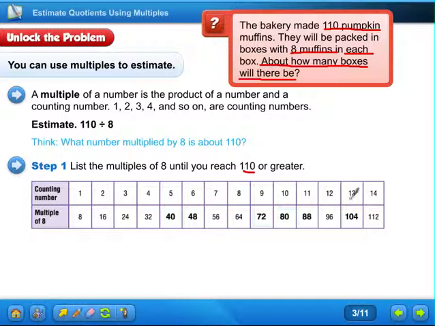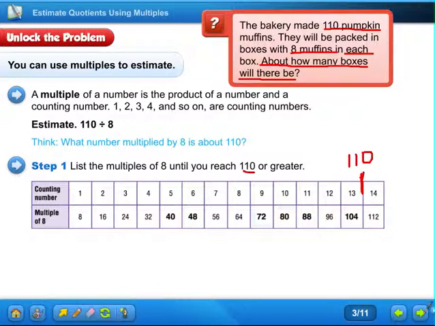So we know that 110 would be right there, between them. So, how many boxes do they have? They had between 13 boxes and 14 boxes.